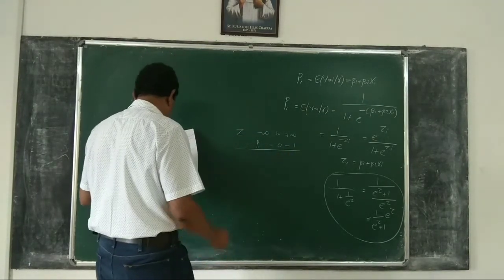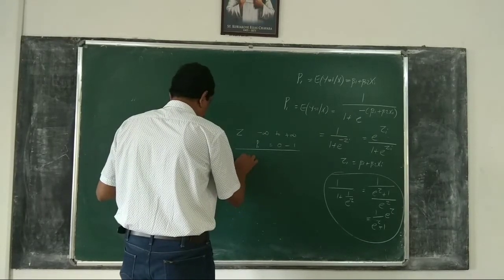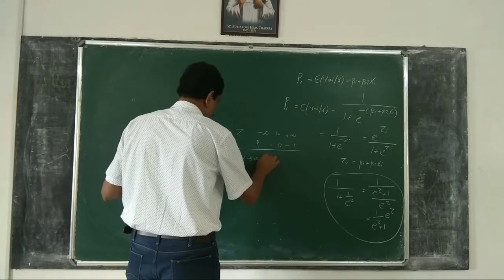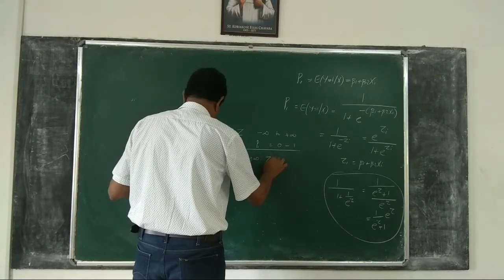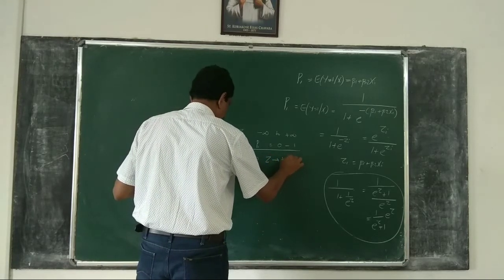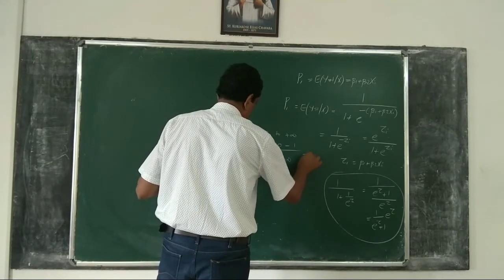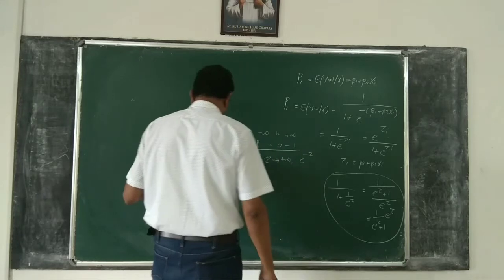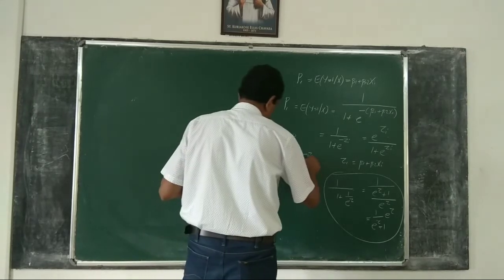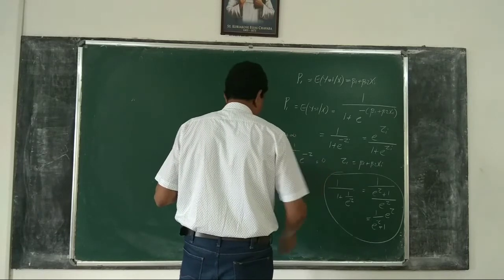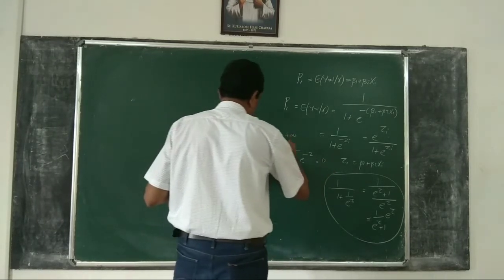For example, as x approaches plus infinity, z approaches plus infinity and e raised to minus z, which is 1 by e raised to z, approaches 0. So p approaches 1.